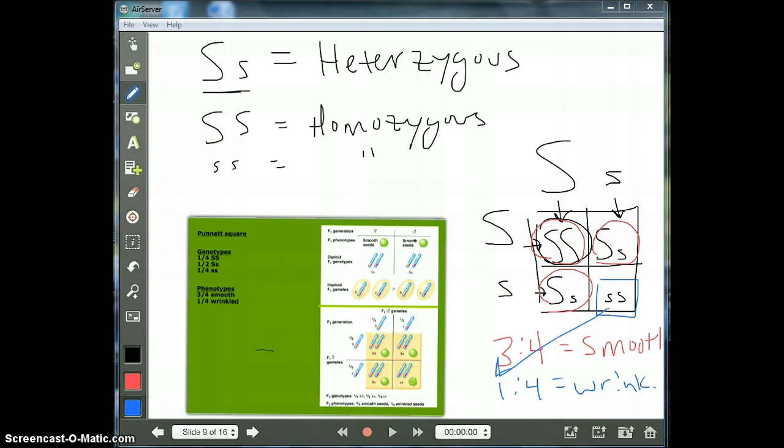If I look over here at my actual phenotype, 3 out of the 4 are actually smooth and 1 out of the 4 is wrinkled.